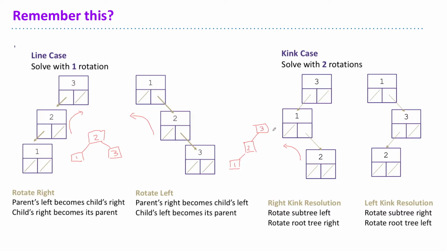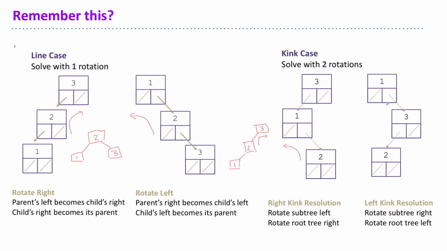So our tree ends up looking like this. Hopefully this looks really similar to the line case on the left because they are the same tree. Our second thing to do would be to rotate right on this 3. And then our result would just be this 1, 2, 3 tree over here.